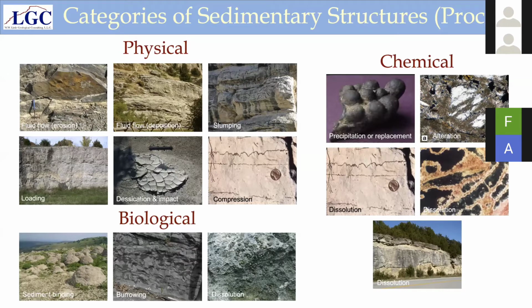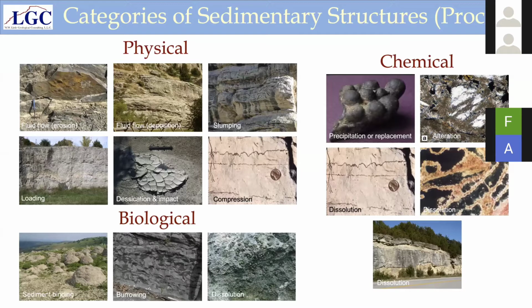Physical structures are those produced by fluid flow, gravity, compaction, and so forth. The chemical structures are those that have to do with dissolution and replacement of minerals, and biological are related to organisms. For our discussion today, I'm going to focus solely on the physical structures.